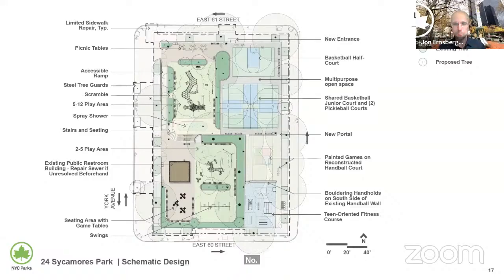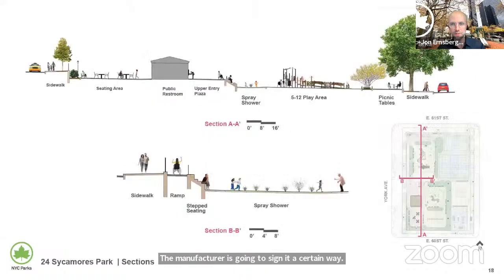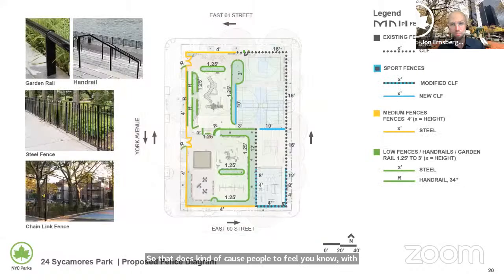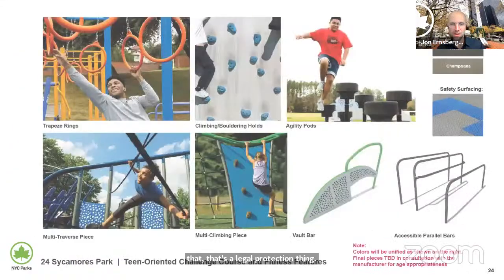Yeah, it would definitely be usable by anyone, really. The manufacturer is going to sign it a certain way, so that does kind of cause people to feel, that's a legal protection thing. And I guess I should probably watch what I say too. But anyway, there is also this piece on the lower right that you will see in adult fitness areas of all stripes.